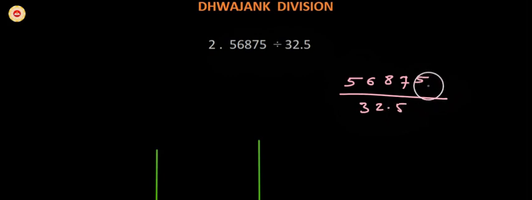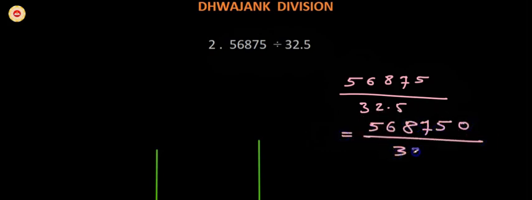at the same time we will write 0 as a rightmost digit in the dividend. Now this dividend has become 5,68,750 and divisor has become 325.